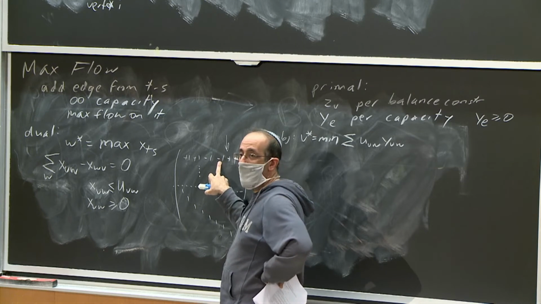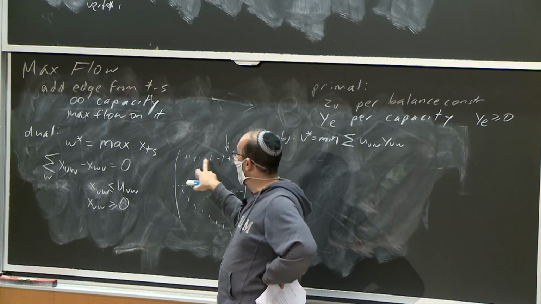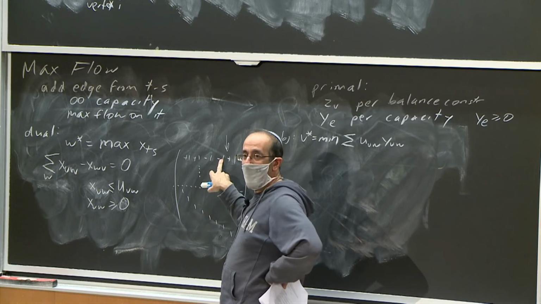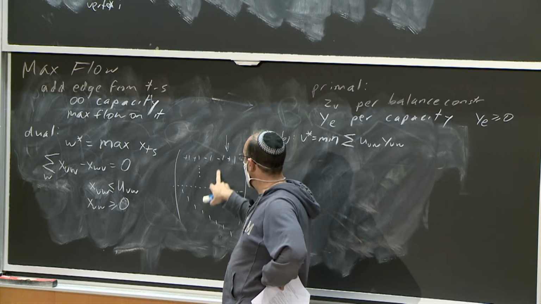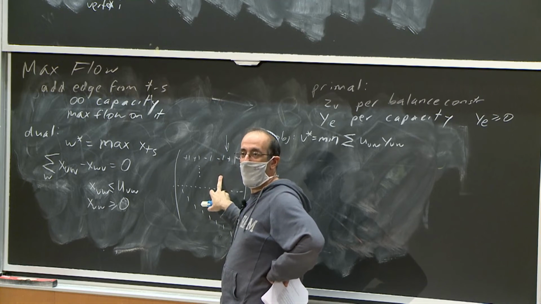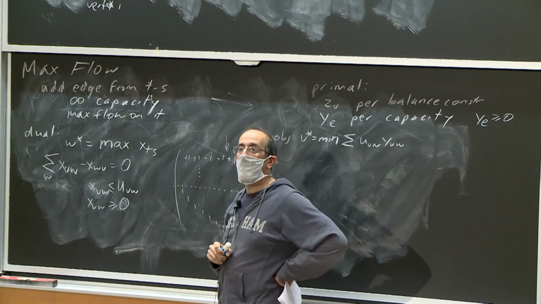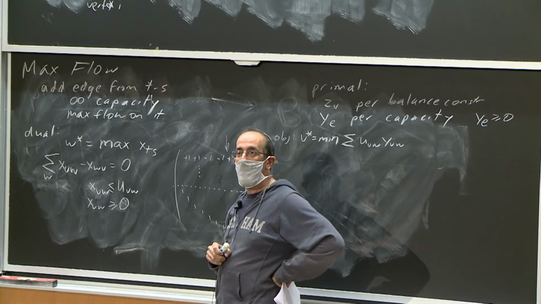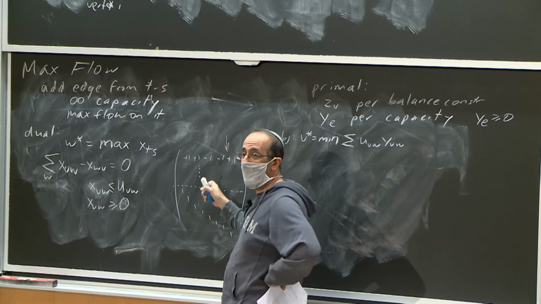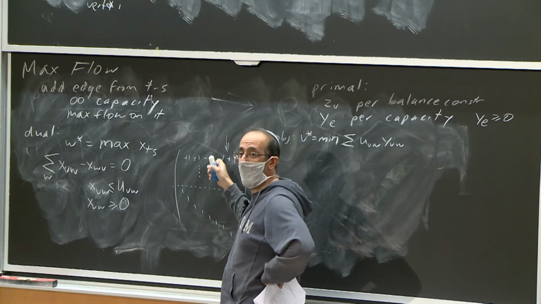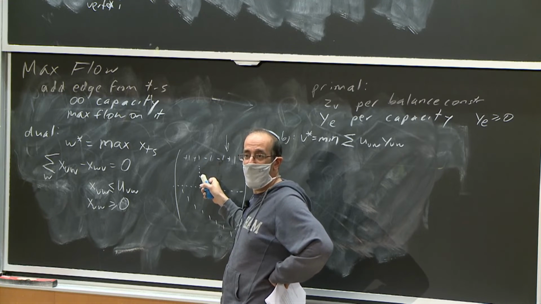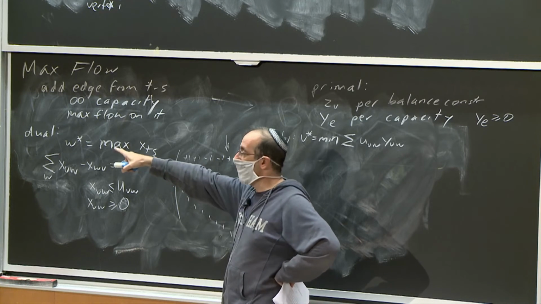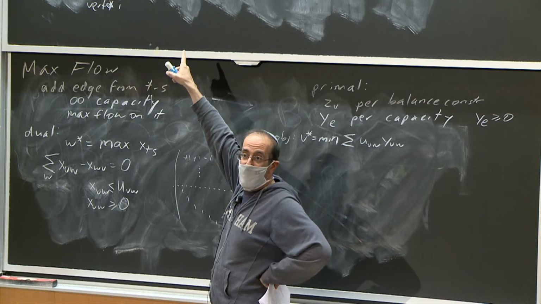We had plus ones and minus ones in a row when you had an edge coming into a vertex or going out of a vertex. So when we look in the column, where do we see a plus one or a minus one? The vertex the edge is entering and leaving. Exactly. We're going to have exactly two non-zeros in this part, corresponding to the vertex that the edge is entering and the vertex that the edge is leaving. This is just the reverse of the dualization that we did for shortest paths.